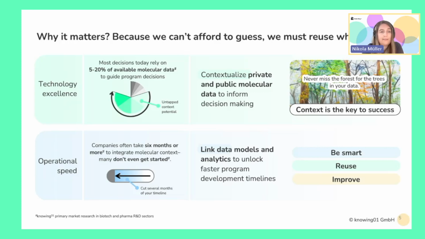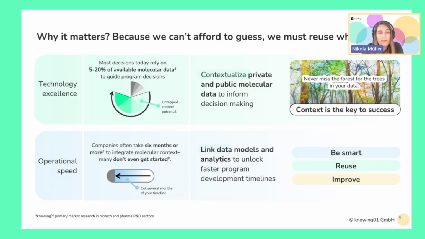What we basically see is that companies tend to take 6 months or more for decisions where a lot of unstructured data is involved. Some even don't get started in assessing more data and validating. So with our automation platform, we can be super quick and really cut several months from the timelines for decision making.